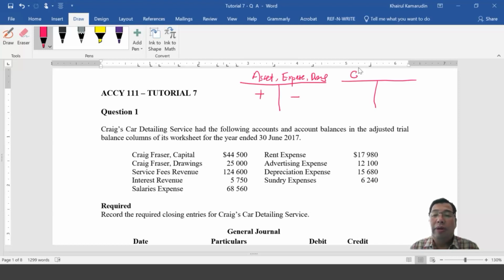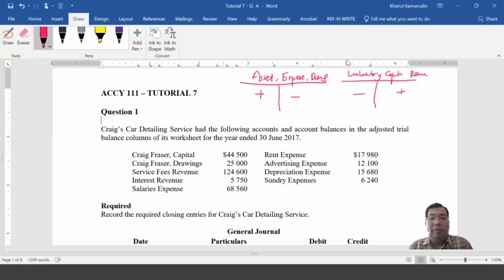For your capital, please don't leave the meeting. Capital, revenue, and also liability have a credit balance.